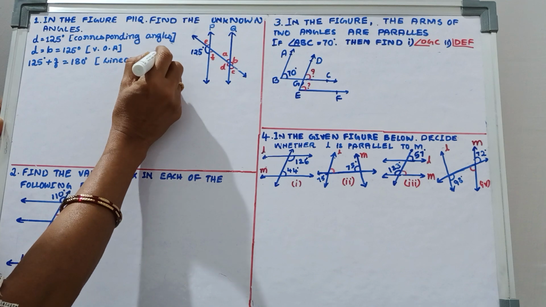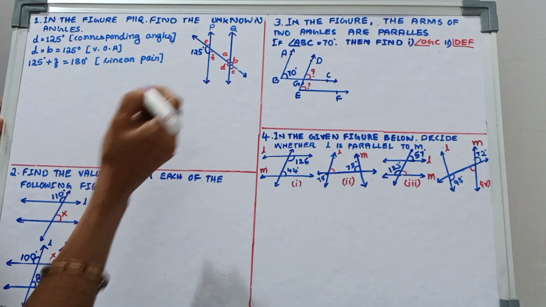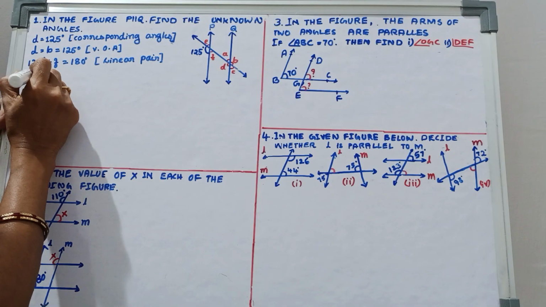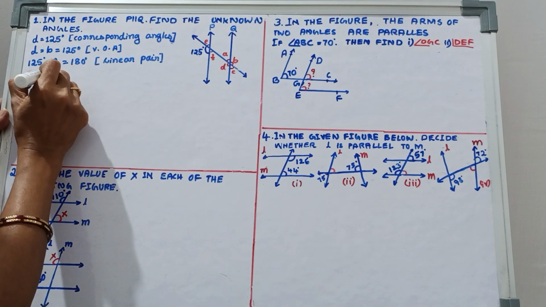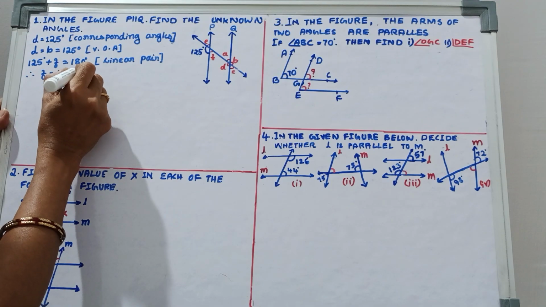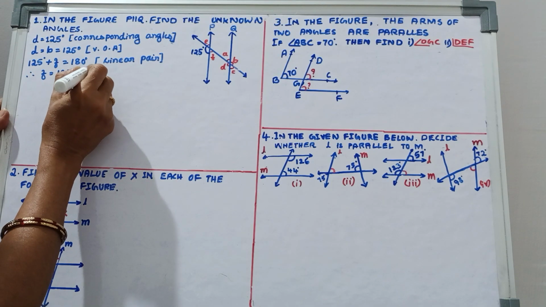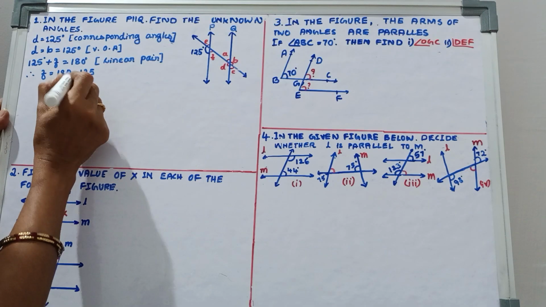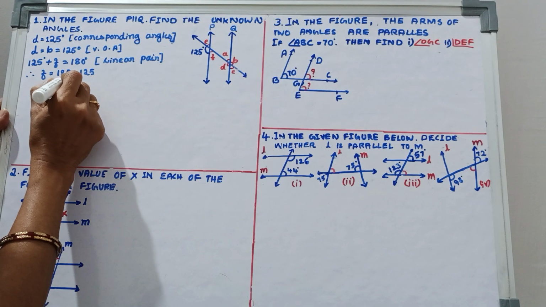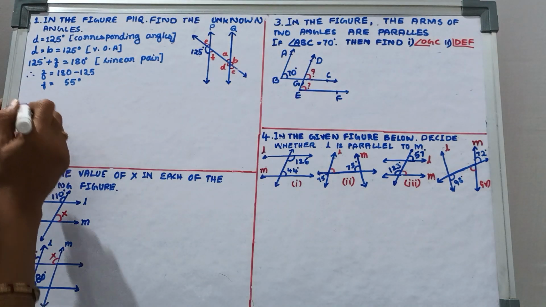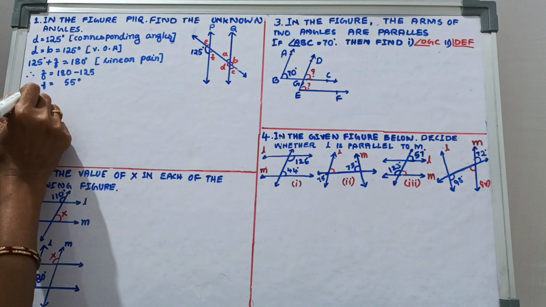These angles are supplementary as well as adjacent angles. Therefore, F equals 180 minus 125 degree, become 55 degree. F equals 55 degree.